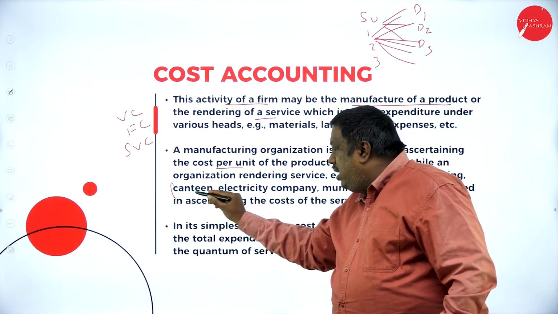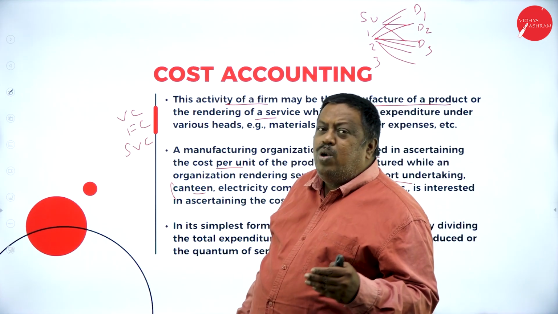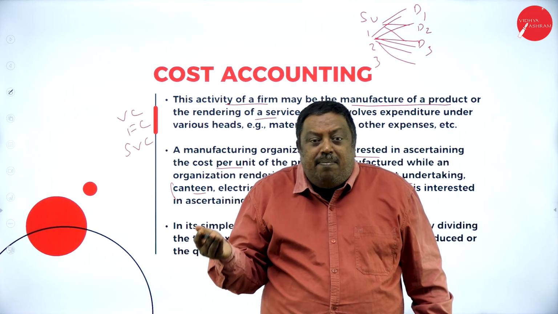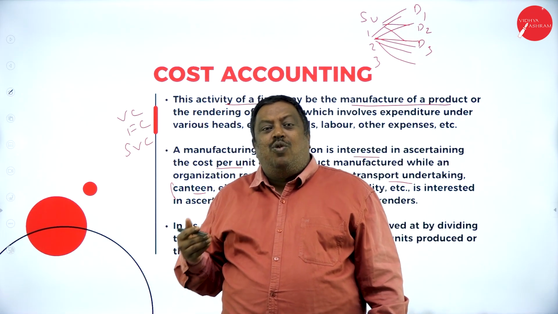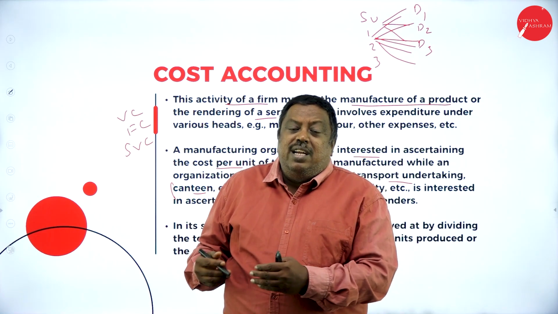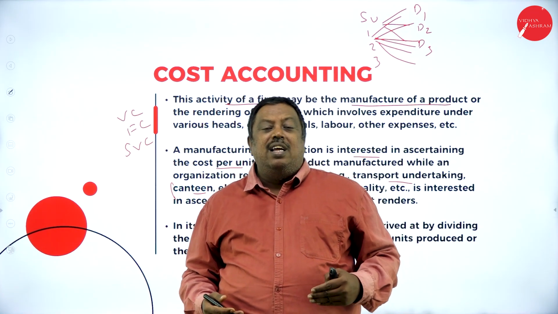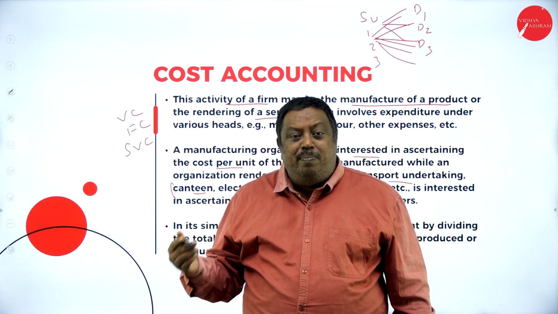Take a canteen, restaurant or any hotel where they are serving food and beverages. For example, if I want to sell 1 idli, what is the cost incurred for that idli? What was the batter taken, and how much cost has been incurred for that? For the person who is going to prepare it, what salary do I pay?